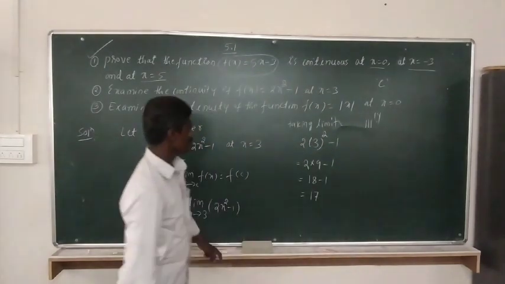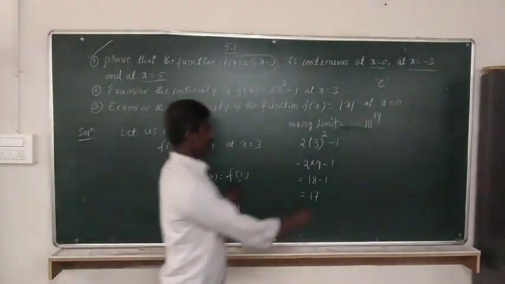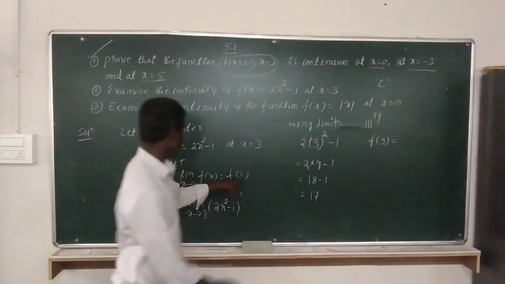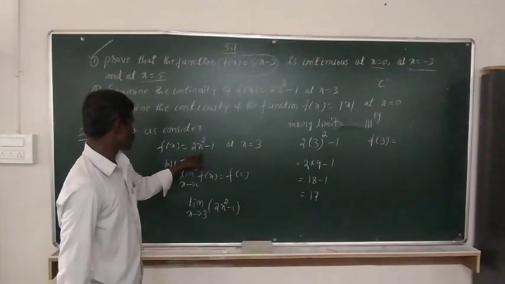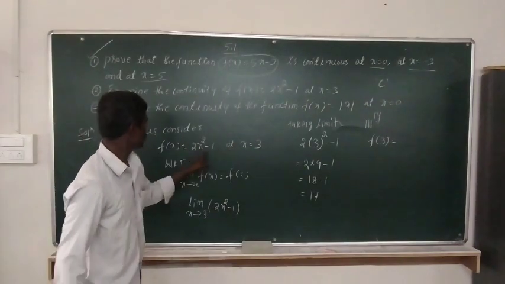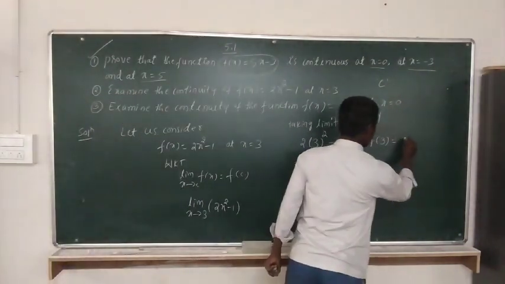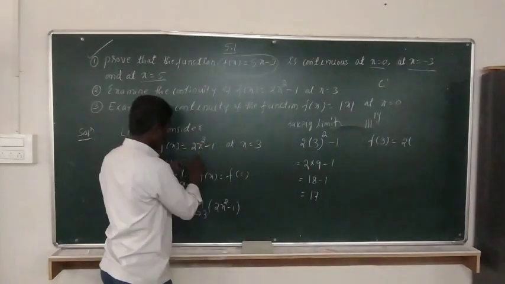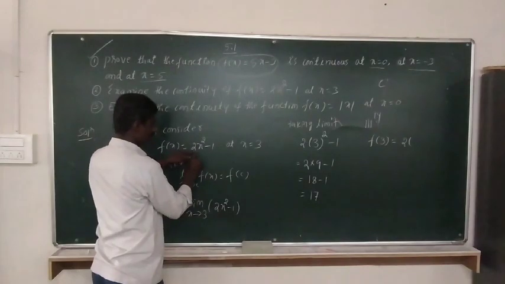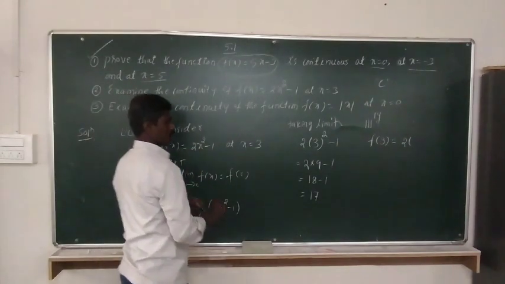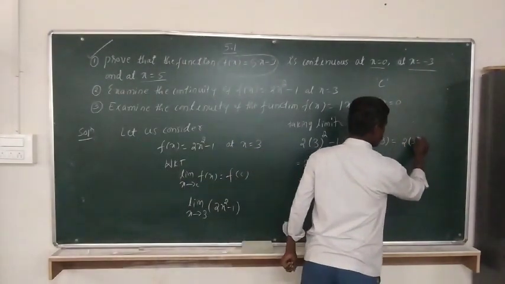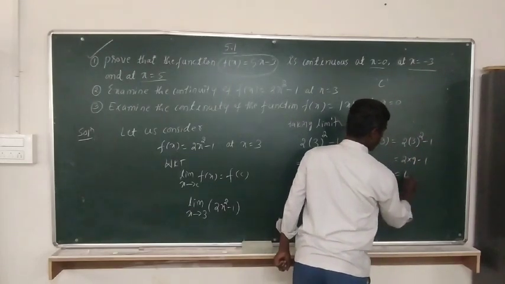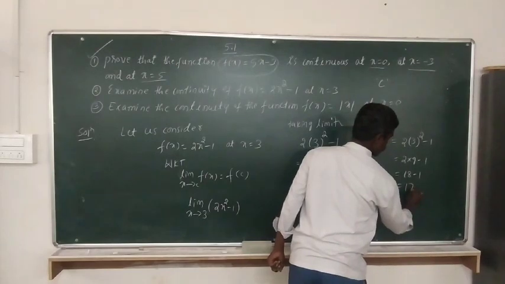Similarly, we have to check f of c. f of c means f of 3. f of 3 is equal to, put the value of c here, 2c square minus 1. c is nothing but 3. Put the value of x equals 3 in this function. Where is x, put 3. That is 2 into 3 square minus 1, that is 2 into 9, 18 minus 1, that is 17.